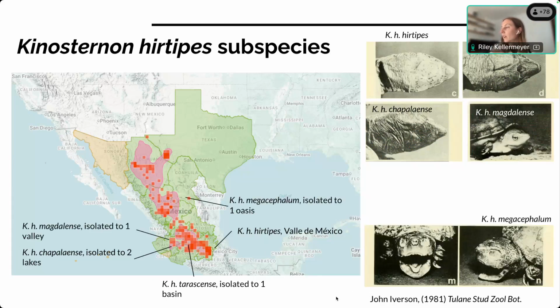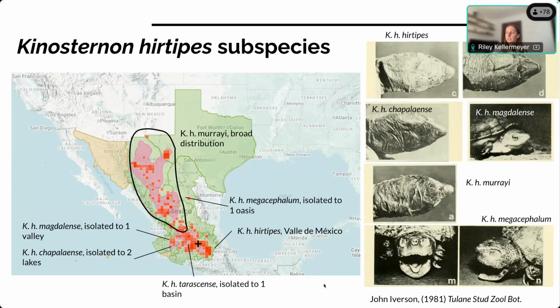We have Kinosternon hirtipes megacephalum, which is found in a desert oasis in Coahuila. And then most of this distribution is Kinosternon hirtipes murrayi. And you can see these are the turtles that go all the way up to Texas, and they also have a substantial population down towards Mexico City too.